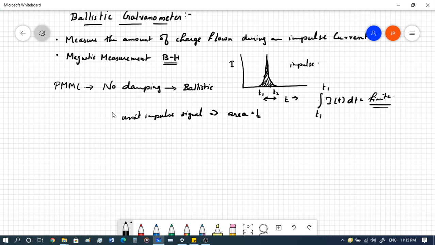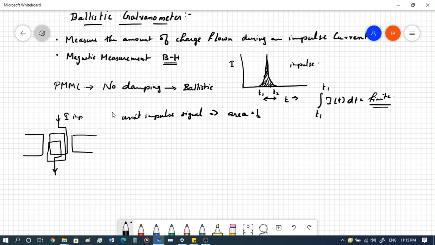In the galvanometer, let's say you have the coil over here and the permanent magnets. Here the current flows for a very short duration of time.